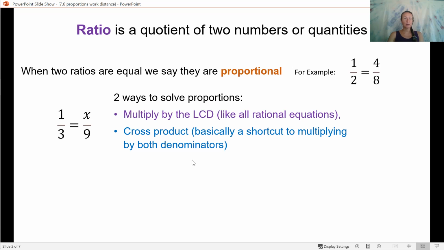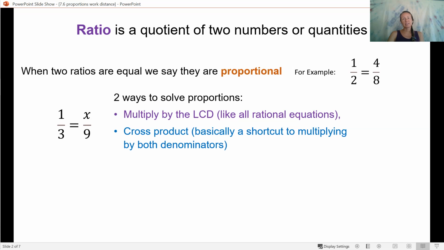Sometimes we have a proportion problem when we have one piece of those four pieces of our fractions missing. So for example, if we had the proportion 1/3 equals x over 9, and we wanted to solve for that x, this would be a proportion problem.